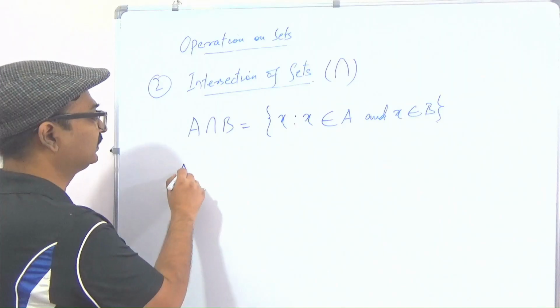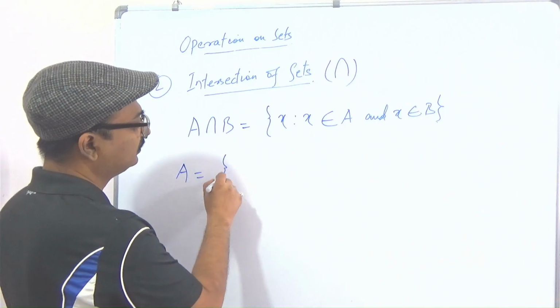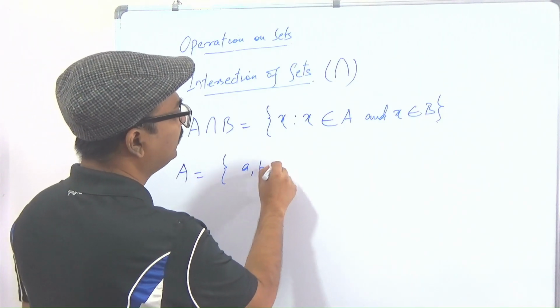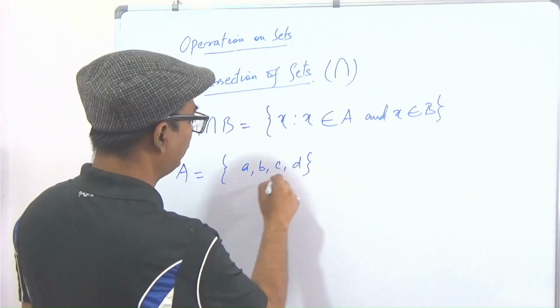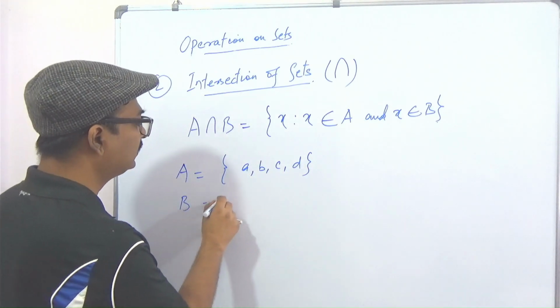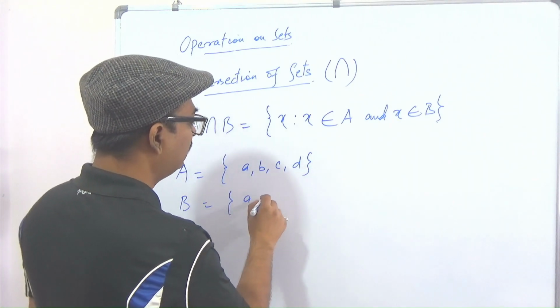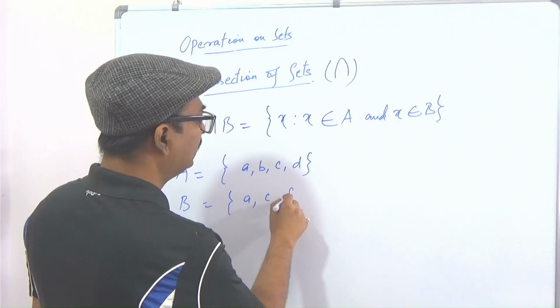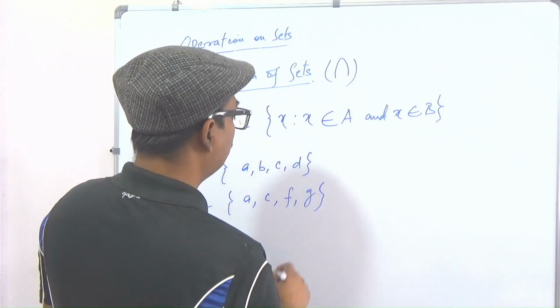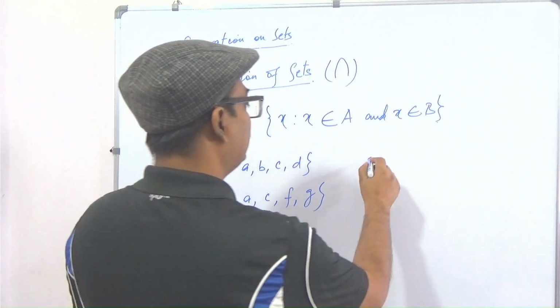Let's understand this. A is {a, b, c, d}, and B is {a, c, f, g}. So what is A intersection B?